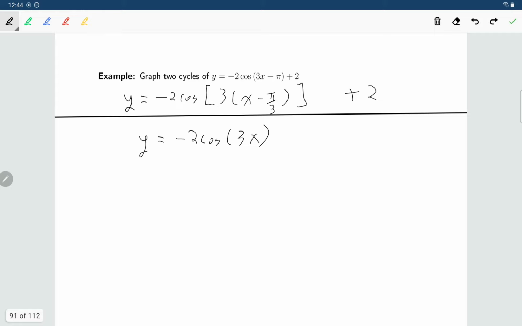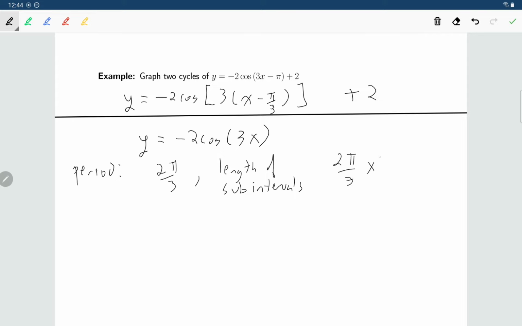Okay, so starting off, we have the period for this should be 2 pi over 3, and that means that the length of my subintervals should be 1/4 of that, which is pi over 6.